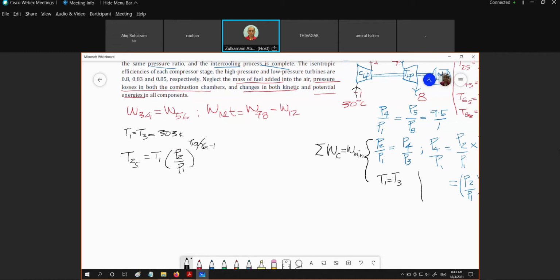Before that, we need to know what our P2 over P1 is. The information that we have right here is that P2 over P1 is equal to the square root of the overall pressure ratio, P4 over P1. What is this value? P2 over P1.